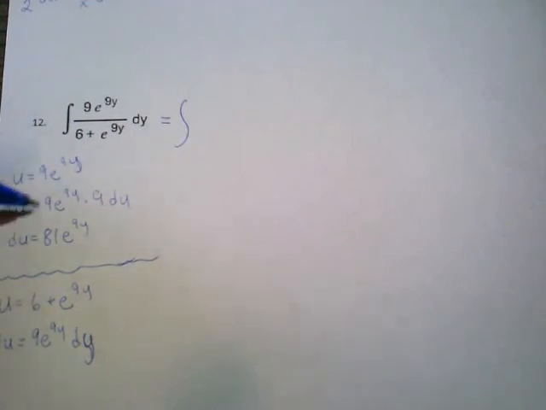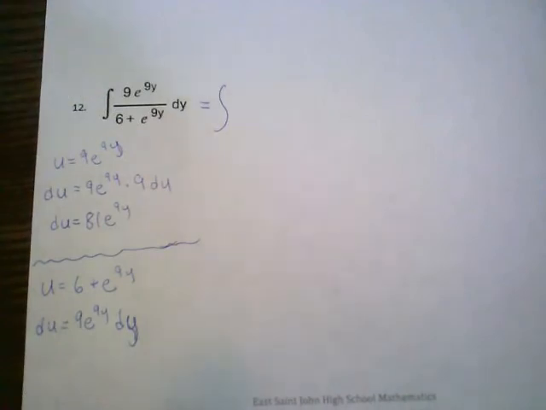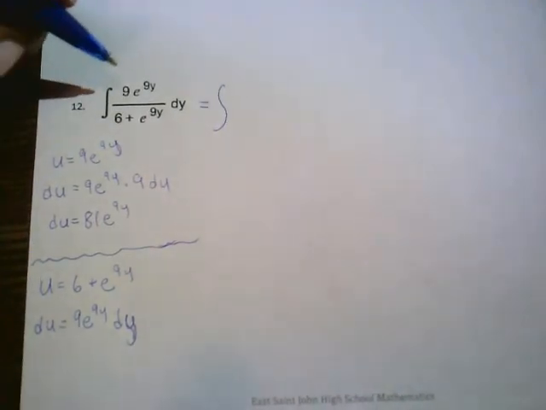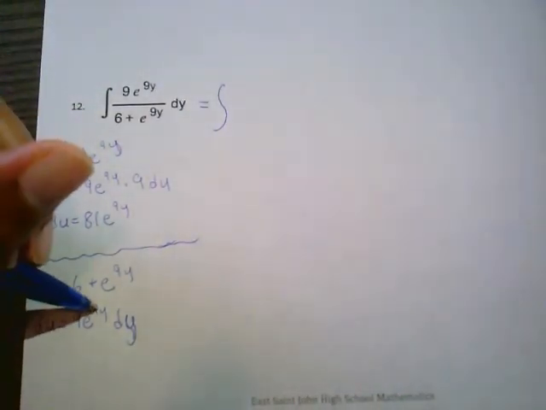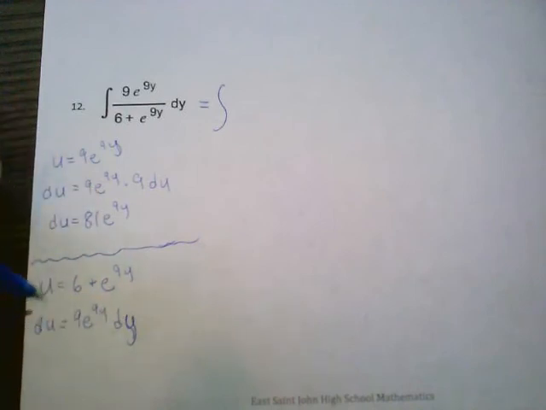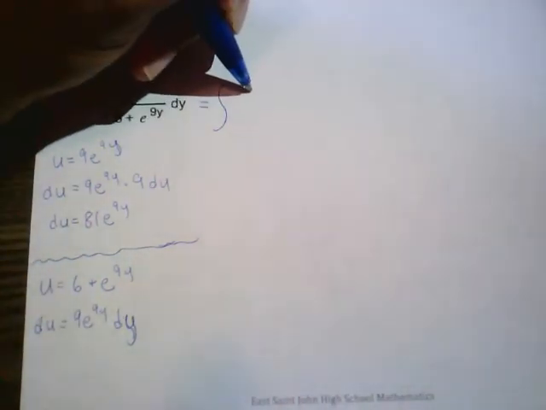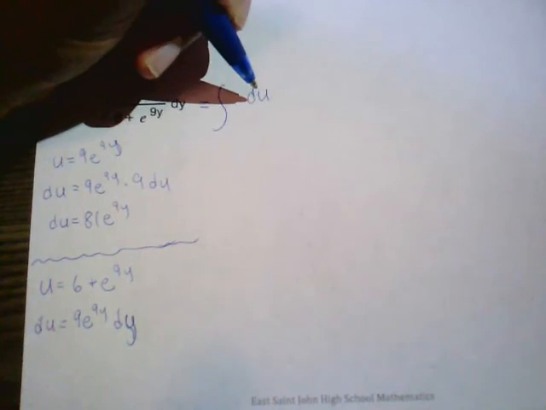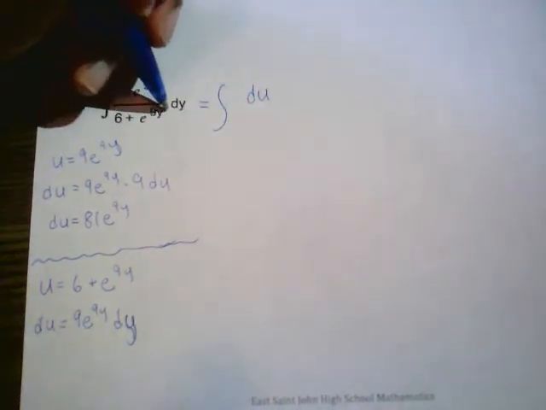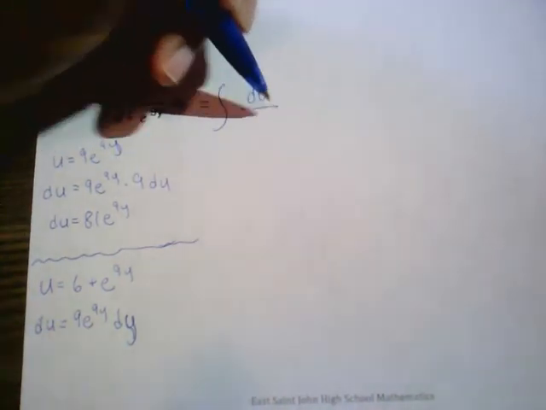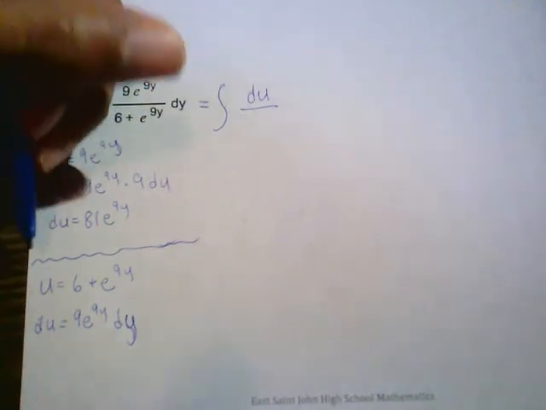We could have continued with the numerator, but it would have taken a little bit more work. The substitution wouldn't have been quite as smooth. So we're taking out 9e to the 9y dy and replacing that with du. So here we'll have du replacing all of this, and this is getting replaced with u.